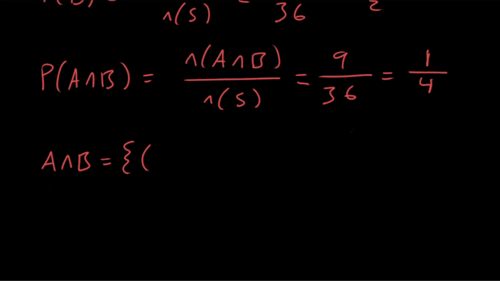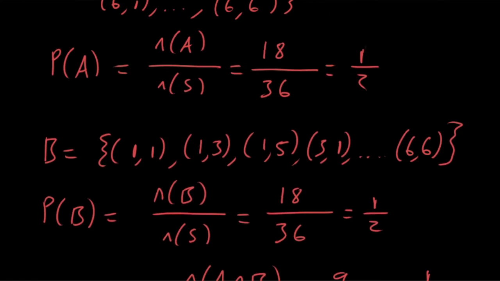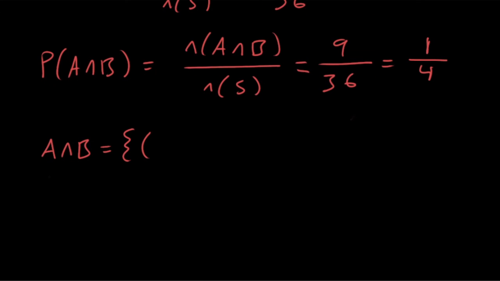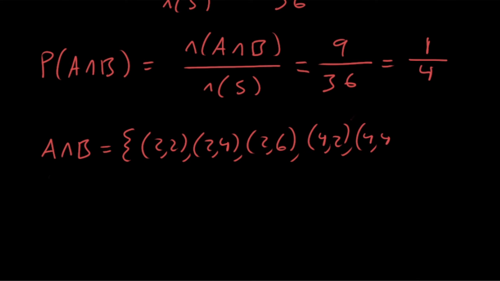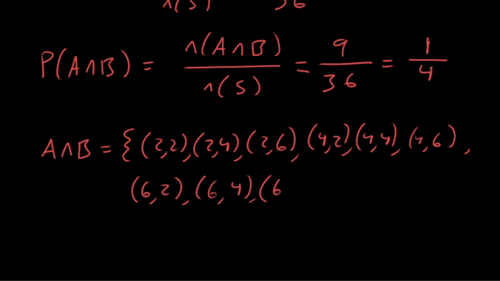So both dice are even: 2,2; 2,4; 2,6; 4,2; 4,4; 4,6; 6,2; 6,4; and 6,6. So there's 1, 2, 3, 4, 5, 6, 7, 8, 9. So as you can see, the number in A intersection B would be 9.